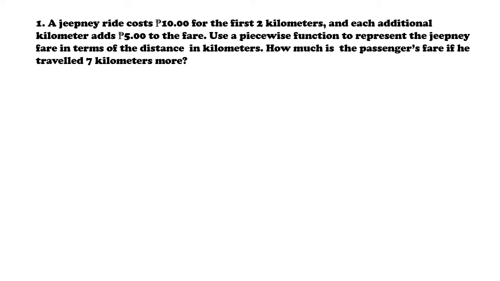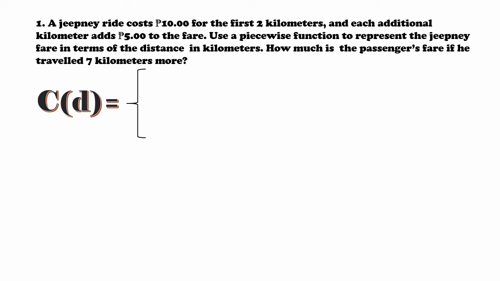Okay, so how many pieces of functions do we have in the problem? Let us represent the cost of the distance as C of D is equal to the pieces of function.